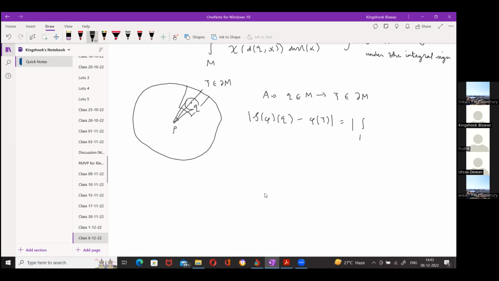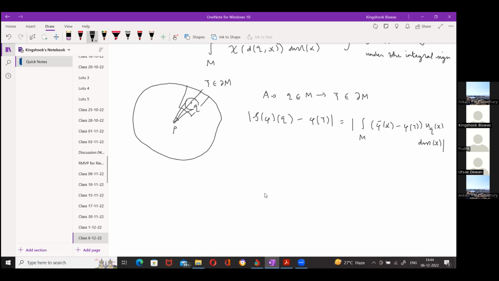So this I can write as the integral of phi bar x minus phi xi into u_q of x d vol x.